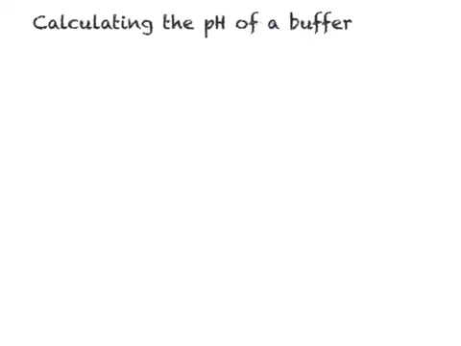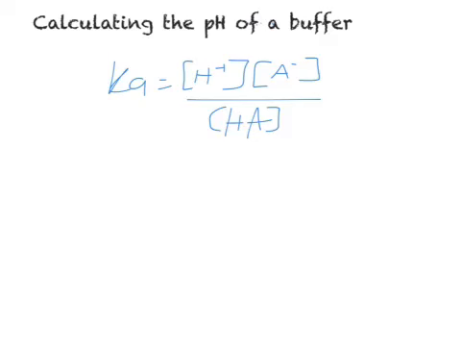Remember back when we looked at the acid dissociation constant, Ka, and weak acids? We saw that when dealing with weak acids, which only partially dissociate, we could assume that the hydrogen ion concentration is roughly equivalent to the concentration of the anion.